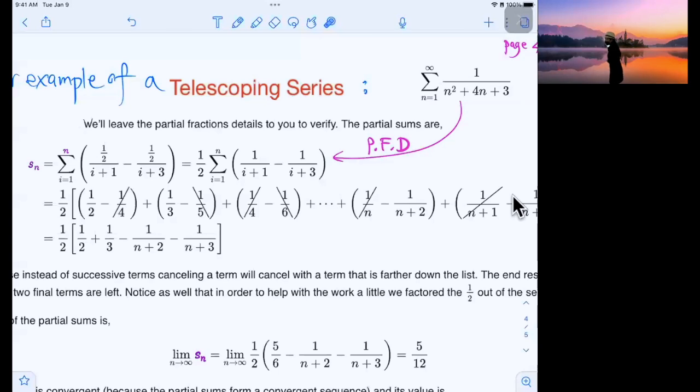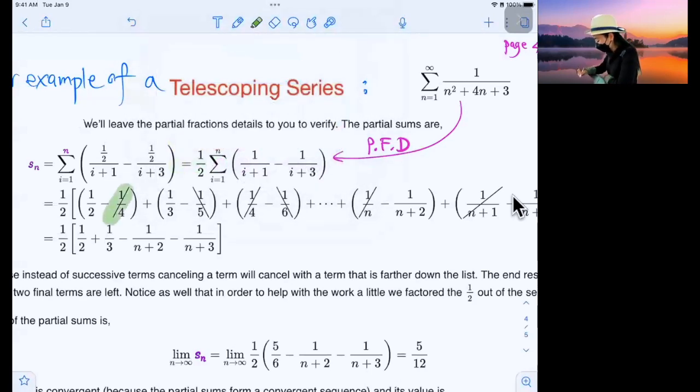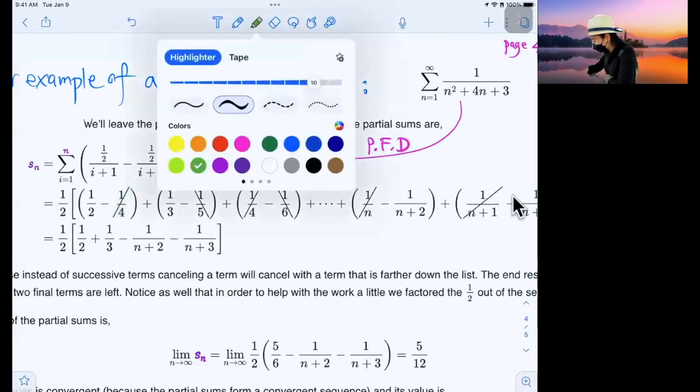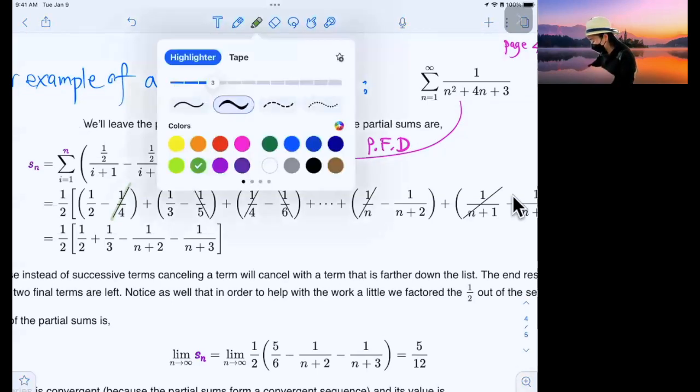And then you see what is canceling here? Do you see the canceling? This one here is going to cancel with, well, not the one that's left after. Not the one left after. It's actually here. This one cancels with this one. So sometimes it's not the neighbor. It's someone that's further away from you.